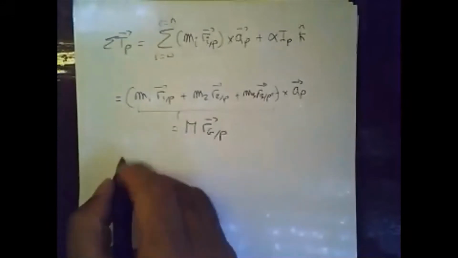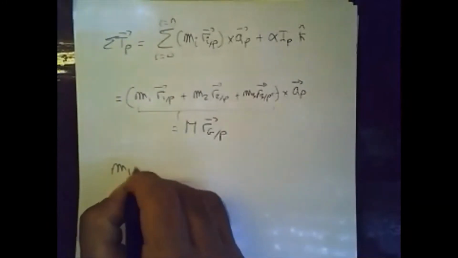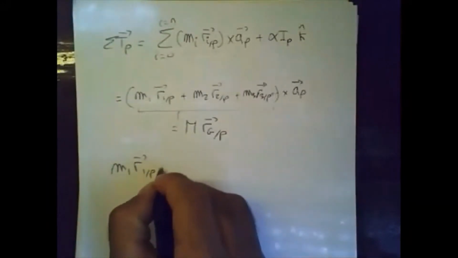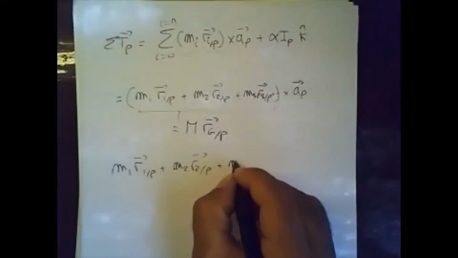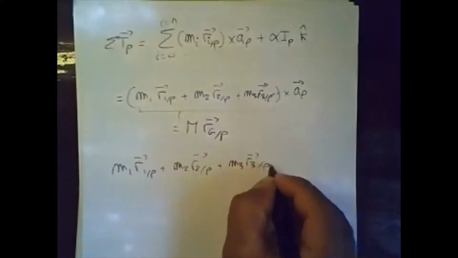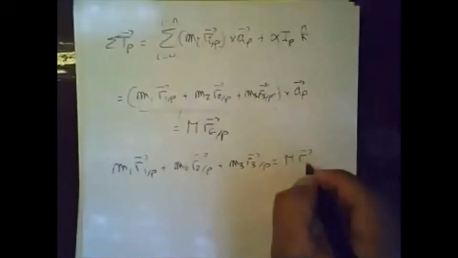You guys agree? Because in reality, m1 r_1P plus m2 r_2P plus m3 r_3P is equal to m r_G with respect to P.